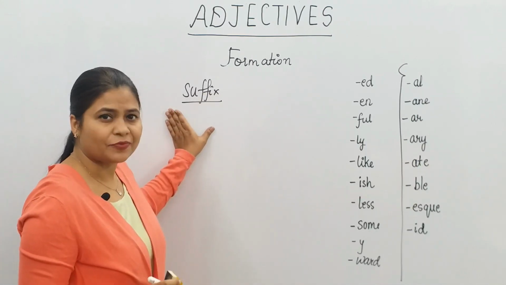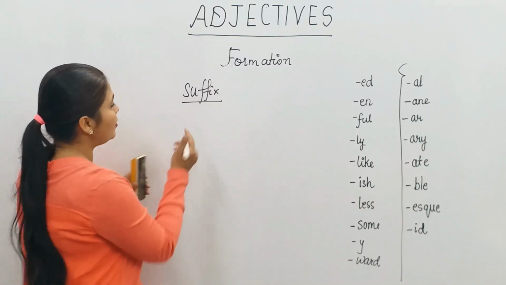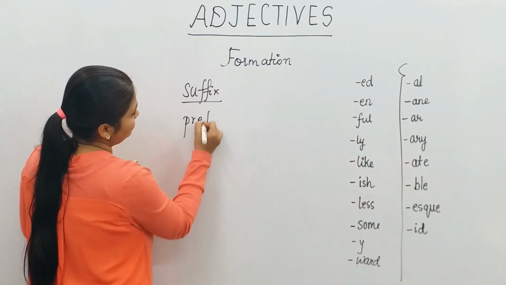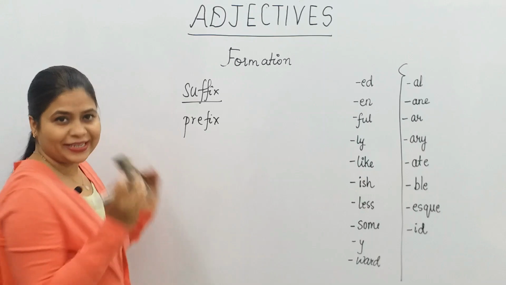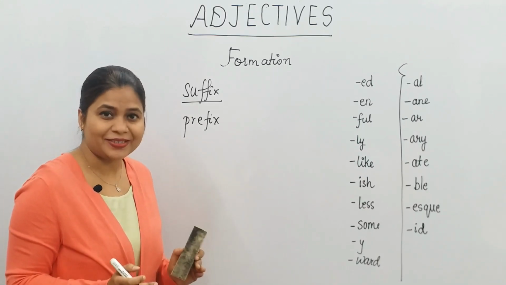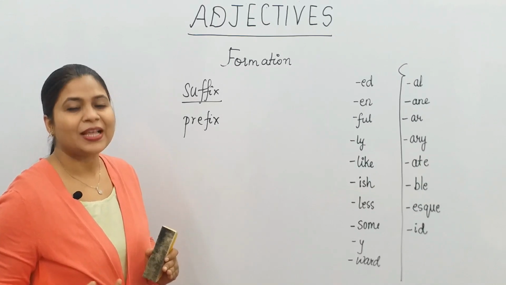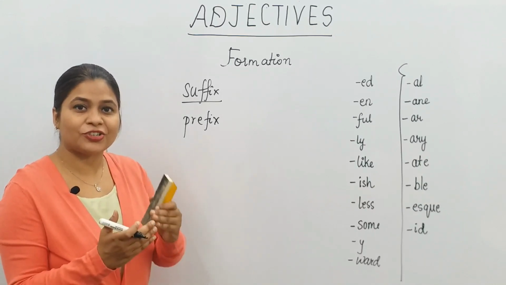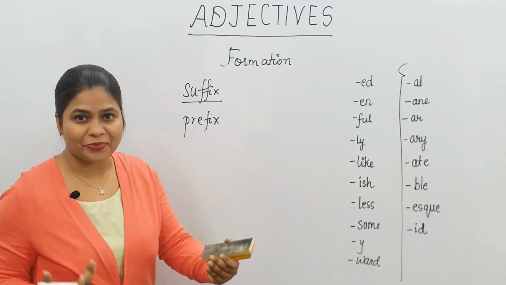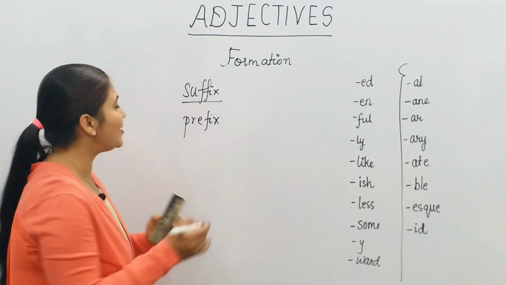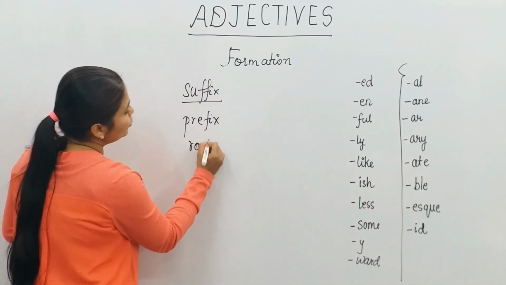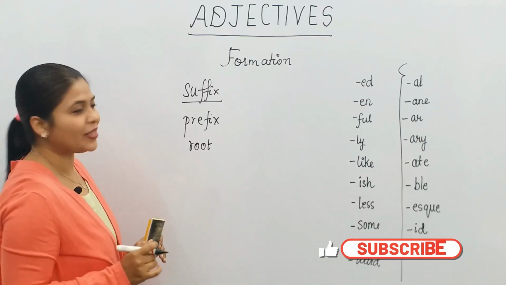Just like we have a suffix, we also have a prefix, a letter or a group of letters added at the start of a word. And such words which get a suffix or get a prefix or get both of them are called root words in English.